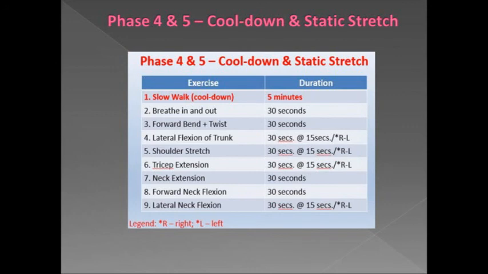You can perform a slow walk for 5 minutes, then breathe in and out for 30 seconds, forward bend plus twist for 30 seconds, lateral flexion of trunk, 15 seconds per side, then shoulder stretch, 15 seconds on your right and left, tricep extensions, 15 seconds both sides, neck extension, 30 seconds, forward neck flexion, 30 seconds, and lateral neck flexion for 30 seconds, at 15 seconds on your right and on your left.